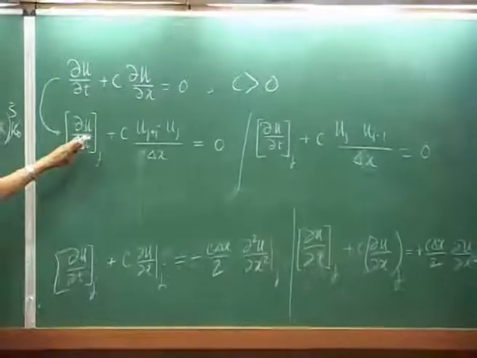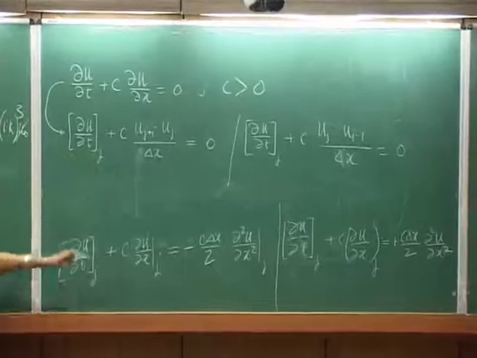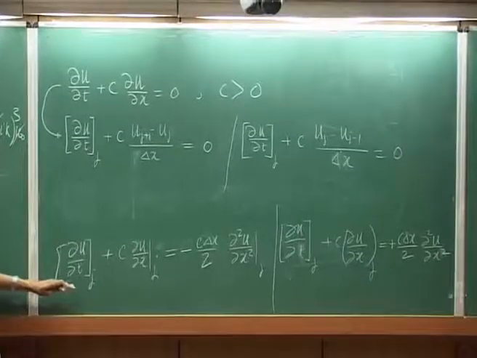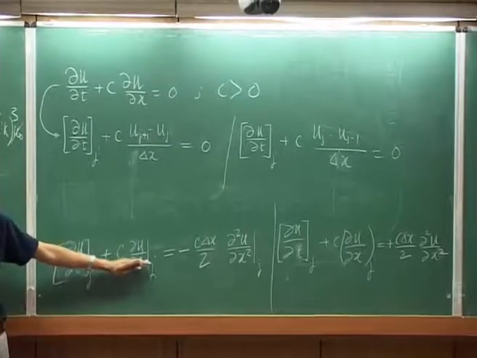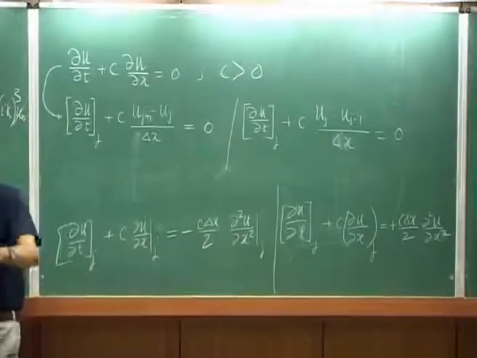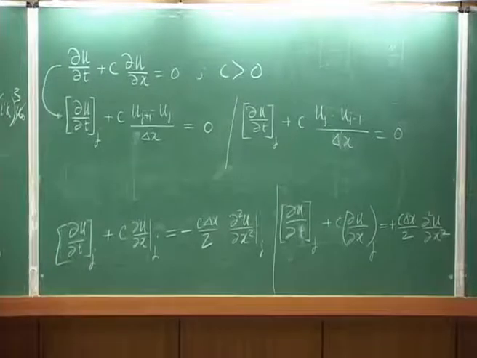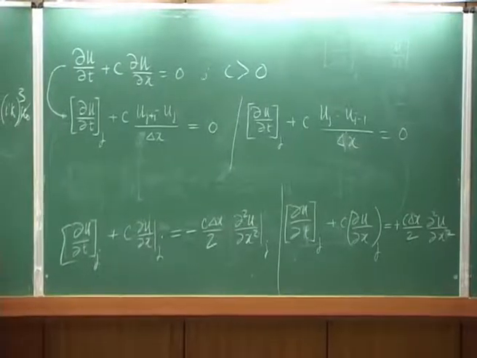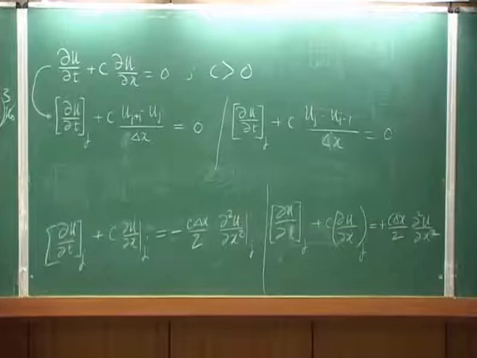So, this was a first order accurate method. That is equivalent to solving the actual given equation plus a next higher order derivative. It was a first order method, so you have a second derivative appearing there.